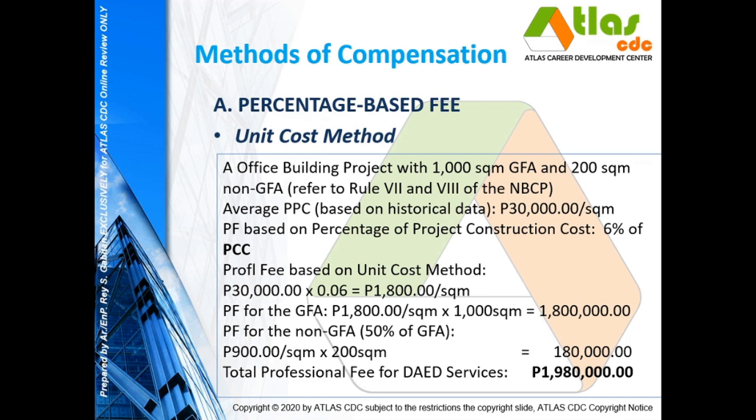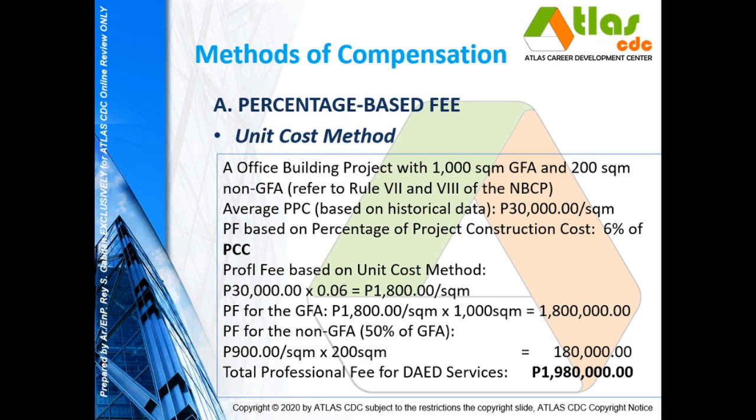So let's say that is the prevailing, and based on the percentage of project construction cost, yung kaninang una, you are using 6% of the project construction cost as your professional fee. So with that assumptions, your fee now can be computed at 6% times the per square meter construction cost of 30,000 will give you your professional fee based on the unit cost method.